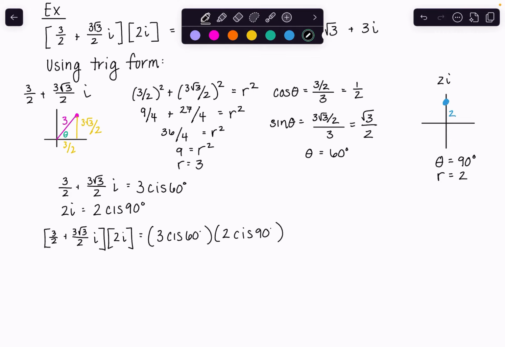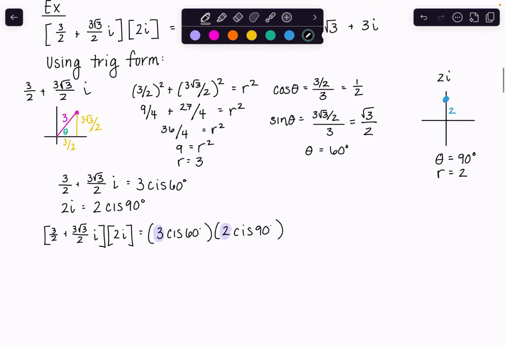Well, I'm going to multiply the like things. So we can multiply the 3 and the 2. So that's going to leave us with a 6 out front. And I'm definitely going to need some room. So I'm going to put my equal sign way over here. Then I'm going to have to multiply cis of 60 degrees times cis of 90 degrees.